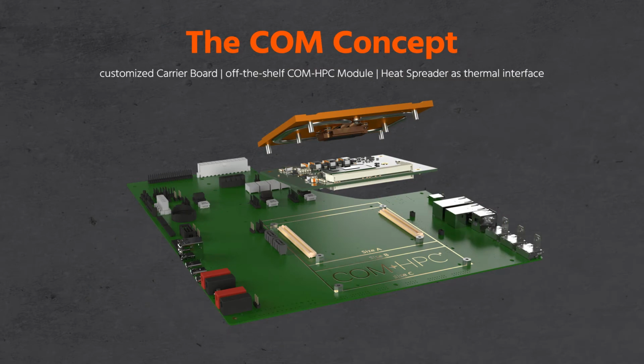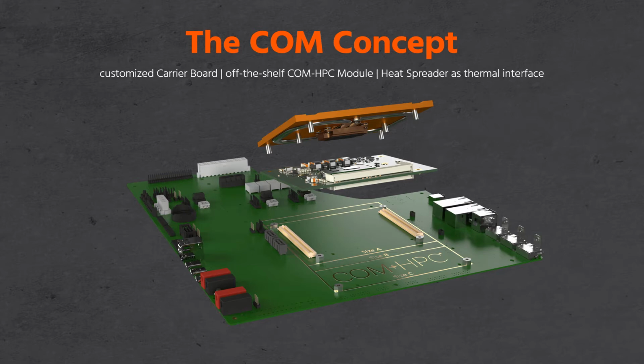COM-HPC follows the successful computer module concept. It separates the PC functionality on the module from the customized I/O functionalities on the carrier board, which means one module can serve multiple applications, and the differentiation to the application does happen completely on the carrier board.